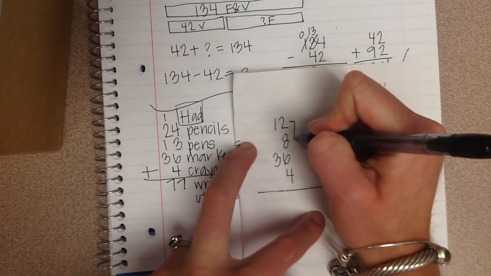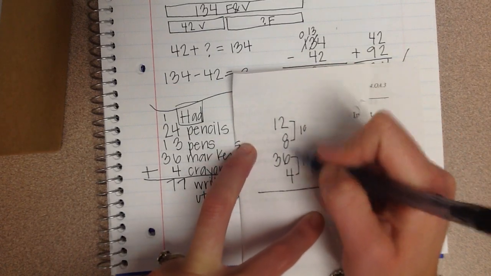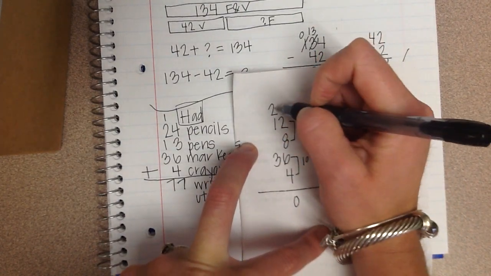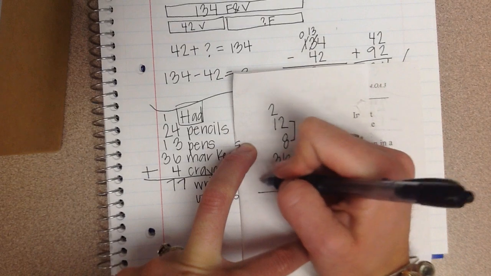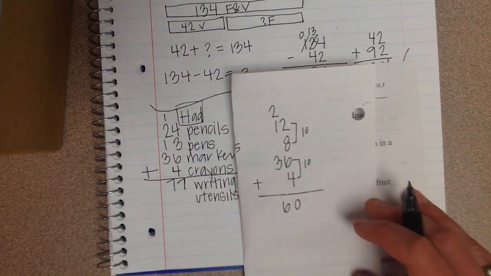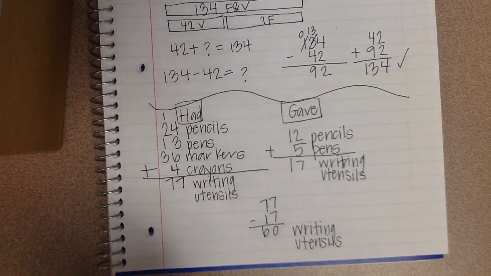So I see here 10. Here I see 10. So 10 plus 10 equals 20, so I'm going to put a 0 and carry my 2. 2 plus 1 equals 3, plus 3 equals 6. So my answer is 60. Same thing I got right here. So that's another way, but you really have to make sure you are reading and seeing what the question is asking.